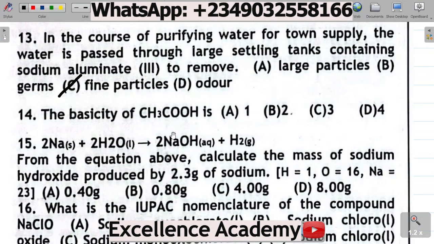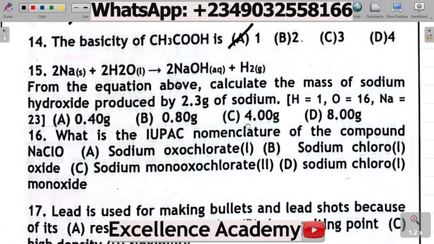When we talk about basicity, basicity simply means the number of replaceable hydrogen ions in a molecule of that particular compound. This compound, ethanoic acid, has only one ionizable hydrogen, just one of it. So the correct answer there is A1. That's your answer.